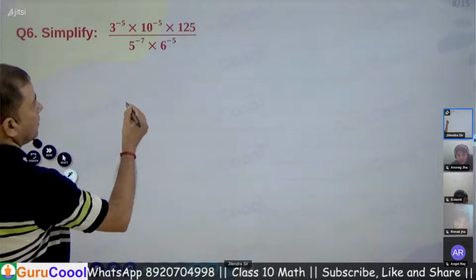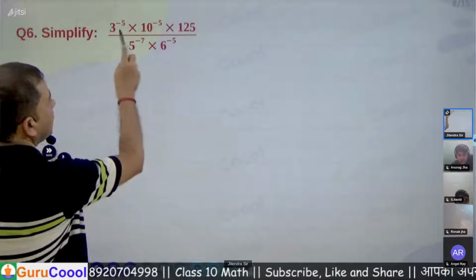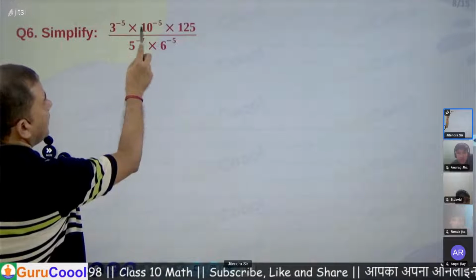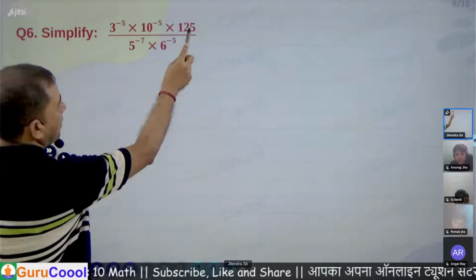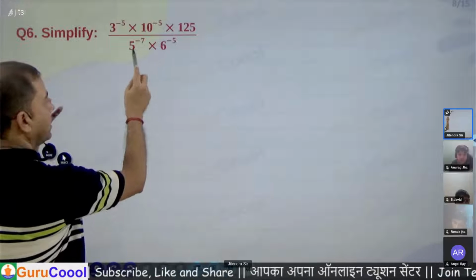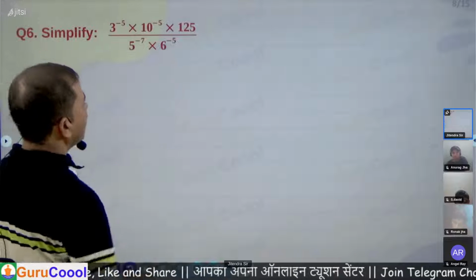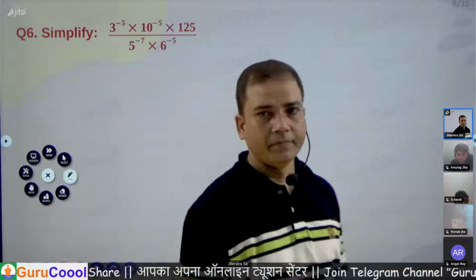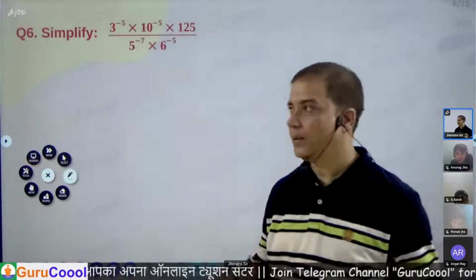Let us see how to simplify. In the numerator, we have base 3, base 10, base 125. In denominator, we have base 5, base 6. They look all different.